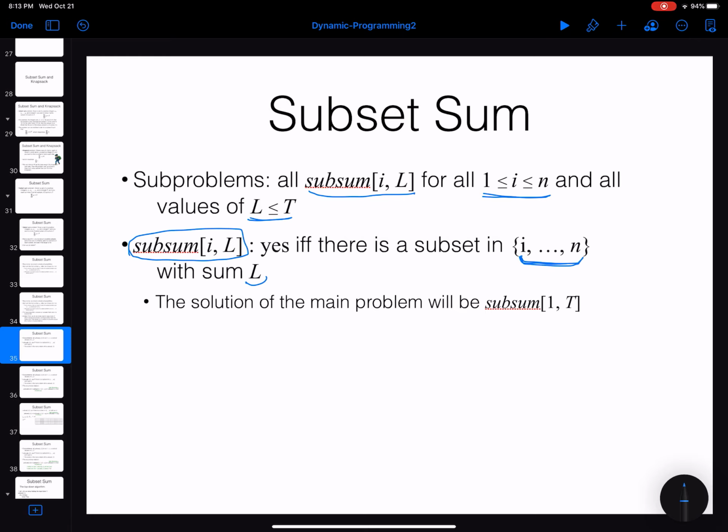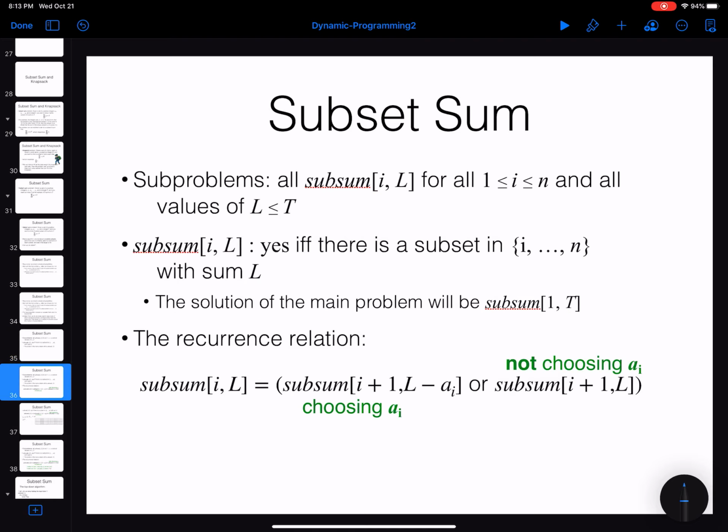And the optimal answer for the original problem is going to be here, which means that you have access to all the items from 1 to n, right? And the target is t. And this is the full recurrence relation for that.